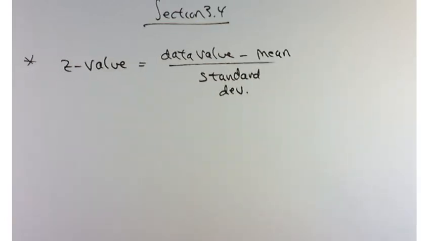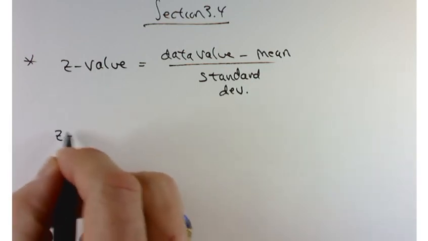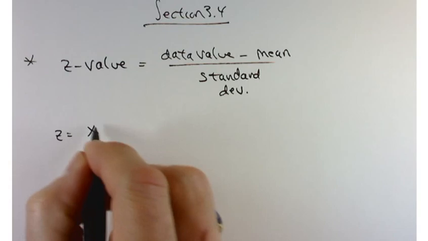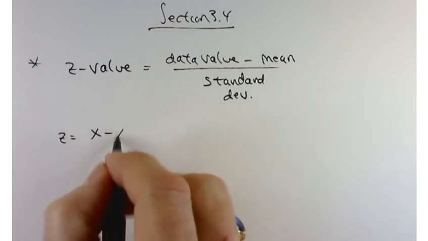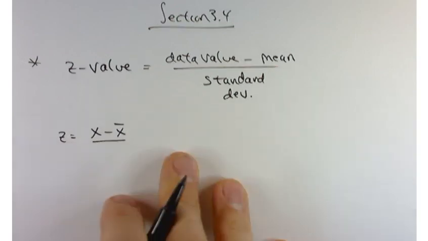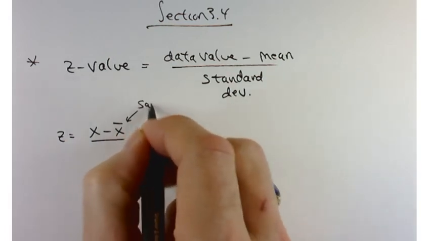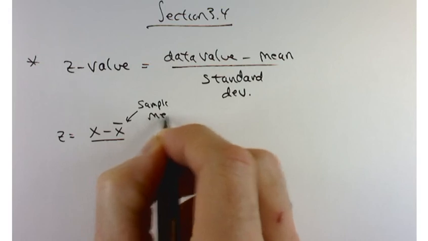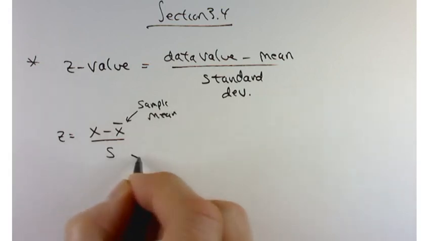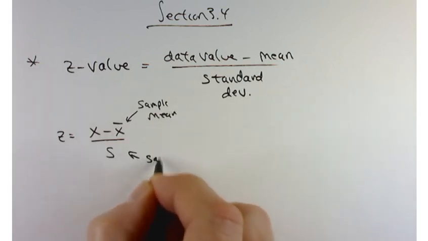Now let me give you some symbols for that. So right now what we've dealt with is stuff like this. We've used X to symbolize our data. X bar is the sample mean, and S is the sample standard deviation.